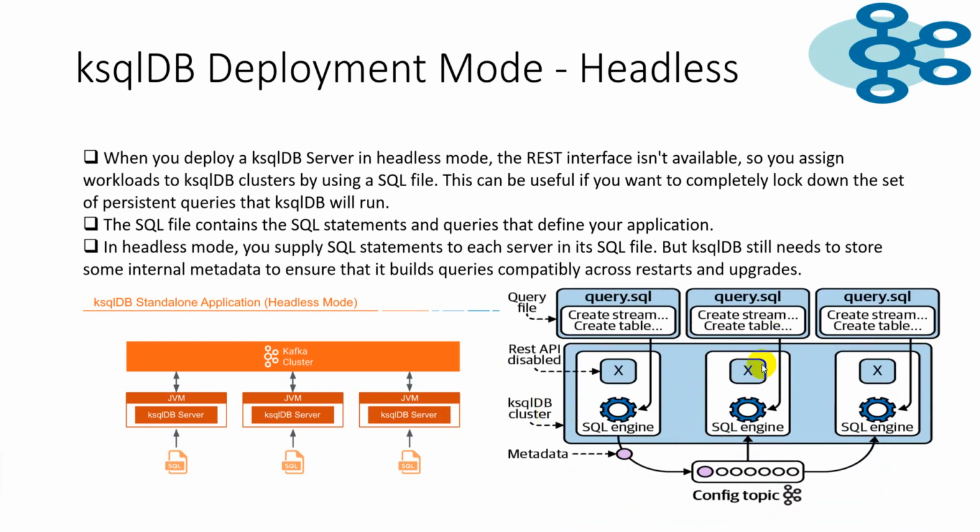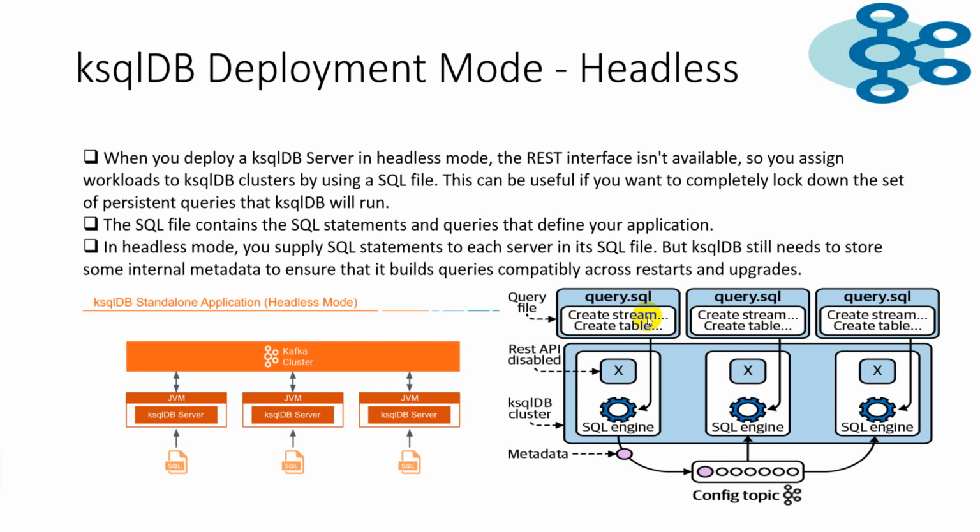This figure is clearer. As you can see, when we bootstrap the ksqlDB server instance, we need to specify the query SQL file. In the SQL file, we can define some persistent queries or create collections.